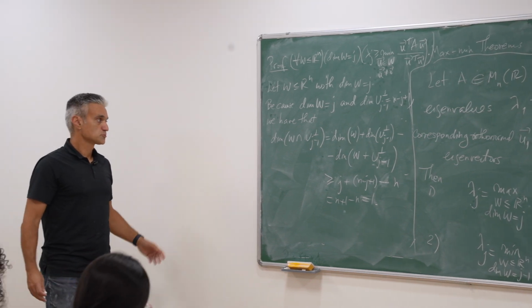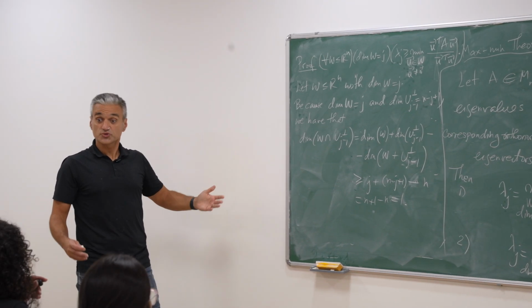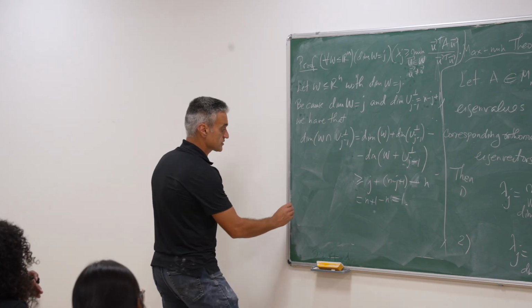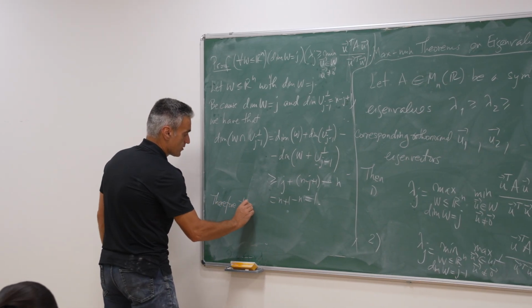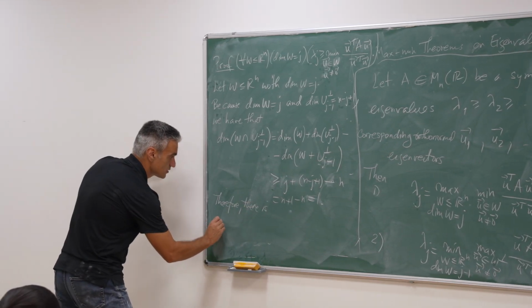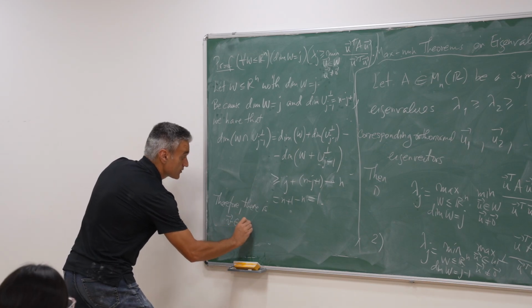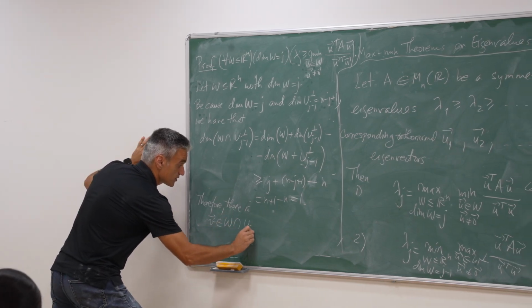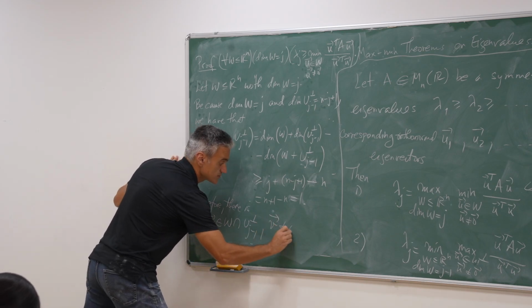Okay? So what does it mean? Non-trivial intersection. So there's a non-trivial intersection, therefore there is a vector, I call it v, in W intersect uj minus 1 perp, v not 0.